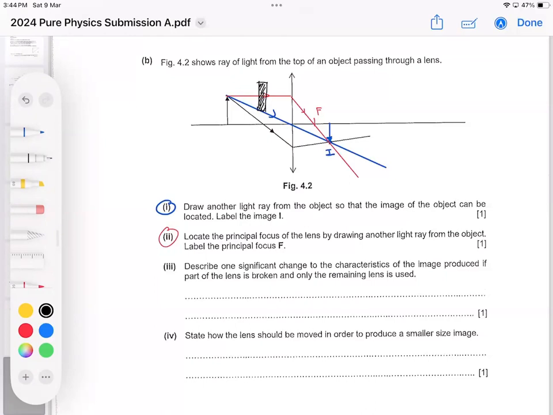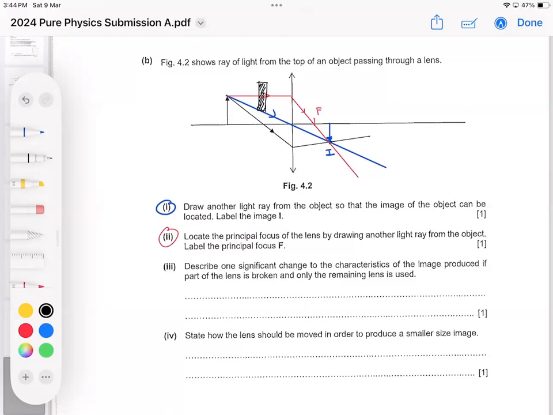So something will happen to the image: with fewer light rays reaching the image, does it become dimmer? Yes. It is always dimmer. It will not become less sharp or more sharp or have part of it disappear.